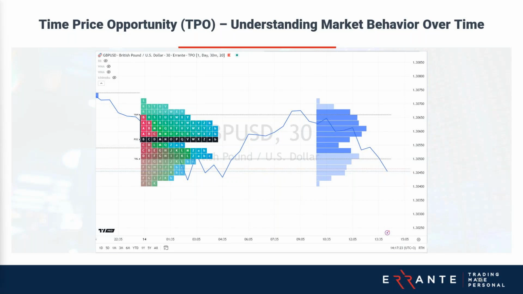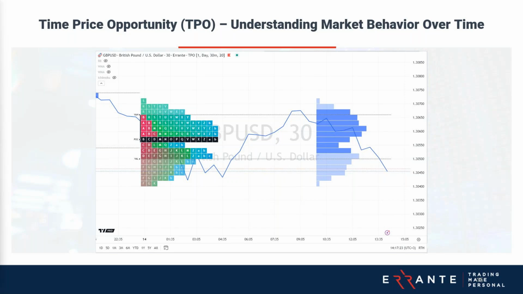So in this chart we have, for example, VAH at around 1.3068, as you see, and we have a VAL near 1.3040. So these levels help traders identify areas of support and resistance as price tends to consolidate into the value area, but may also break out or reverse near the VAH or VAL, depending on the market momentum at the time.